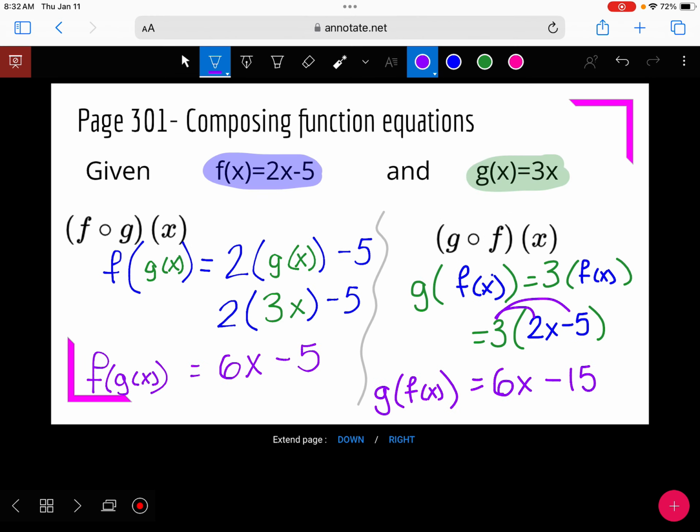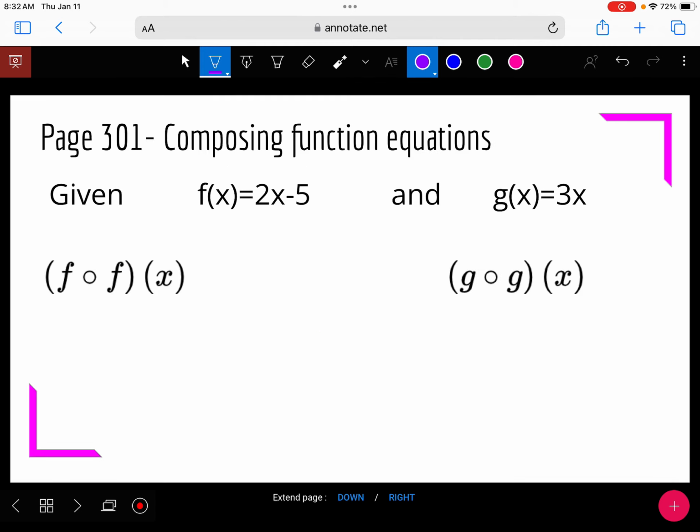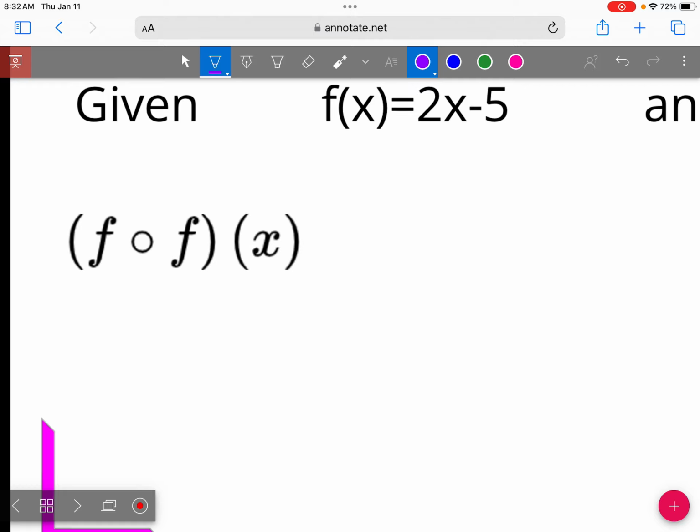Okay. Sometimes they go a little crazy with what they ask us for. Because now they're going to ask us for f of f of x. So I'm going to rewrite it with our little parentheses because it makes it way clearer. So we're going to take our f of x and we're going to substitute in f of x again. These kinds of questions show up on things like the SAT all the time.